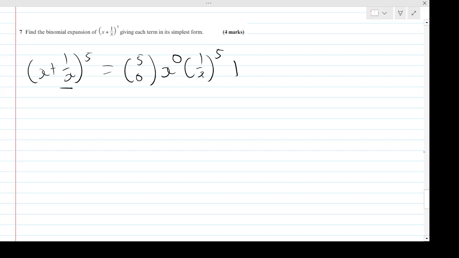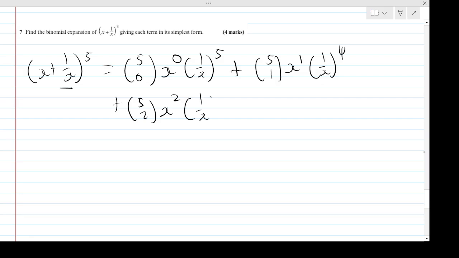Then the next part would be 5 choose 1, then x would be a power of 1, then the other part 1 over x would be a power of 4. Then the next term is 5 choose 2, then we have x squared, then 1 over x would be cubed. Okay, then we have 5 choose 3, the next term, but then that'd be x cubed.